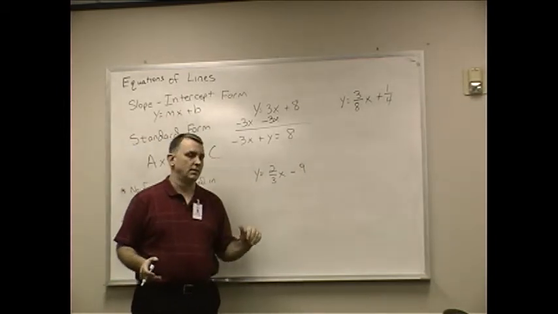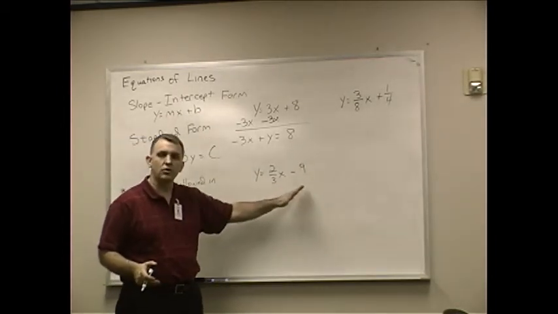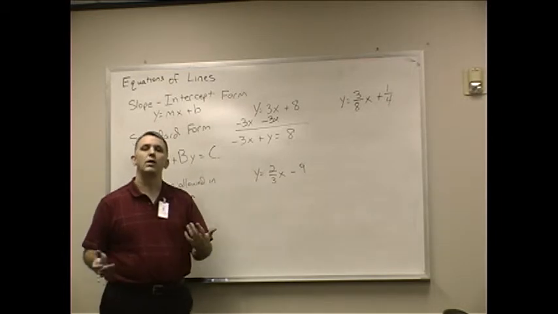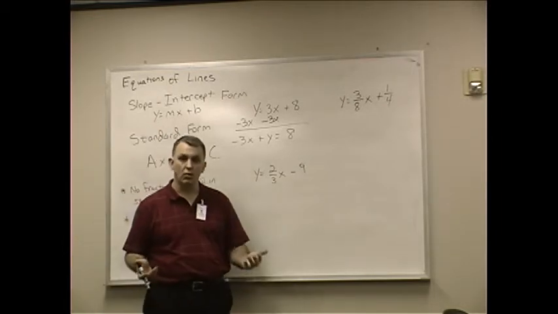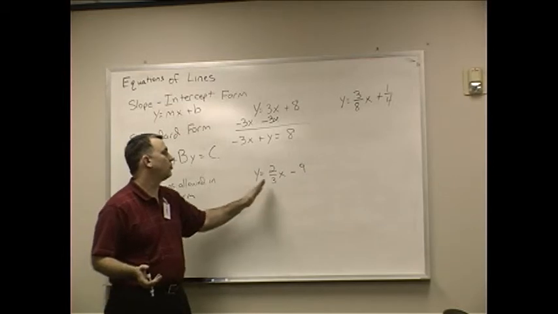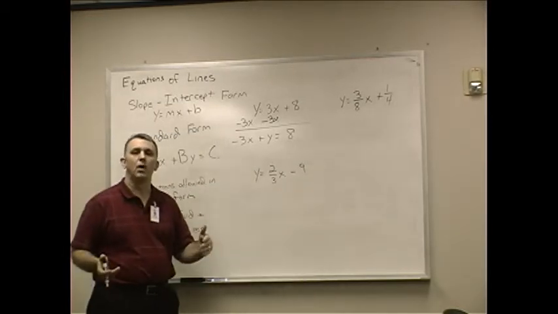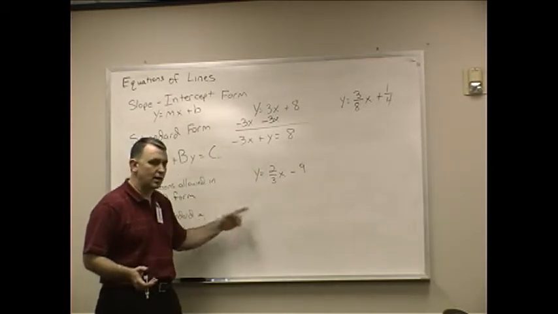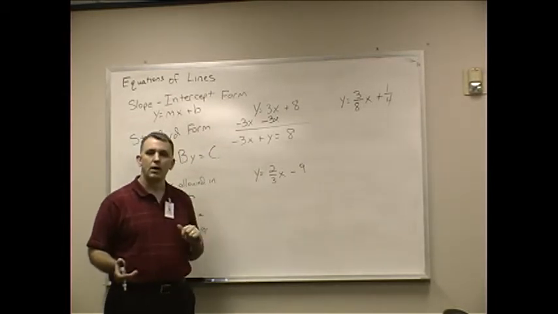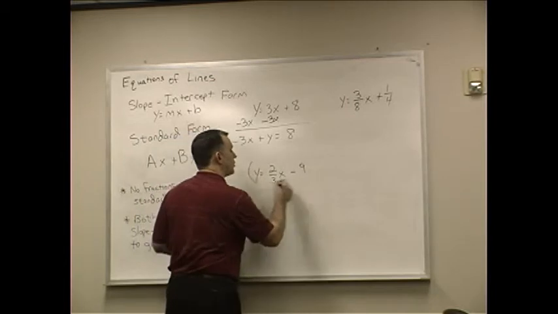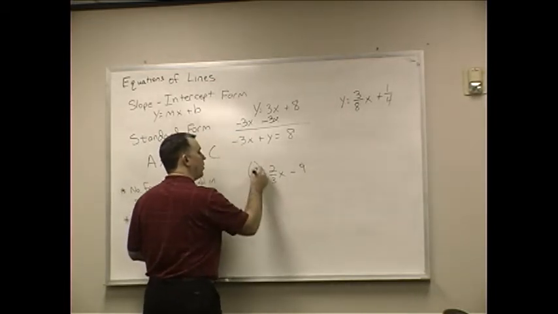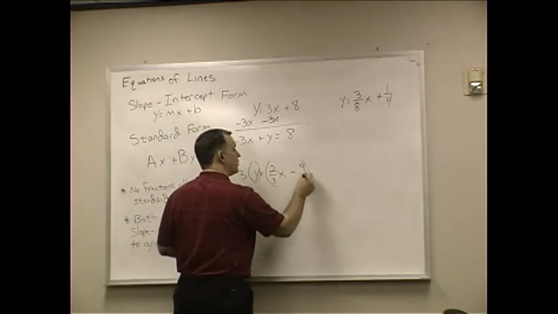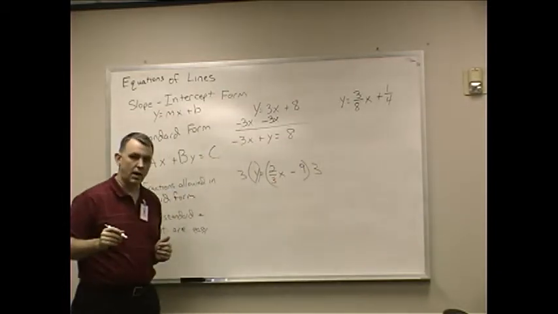The second one. Oh man, we've got a fraction here, don't we? How do we get rid of fractions in equations? The easiest way to get rid of fractions is to multiply by the least common multiple of all of the denominators. Only one denominator here, 3. So I'm going to multiply both sides of this equation by 3.